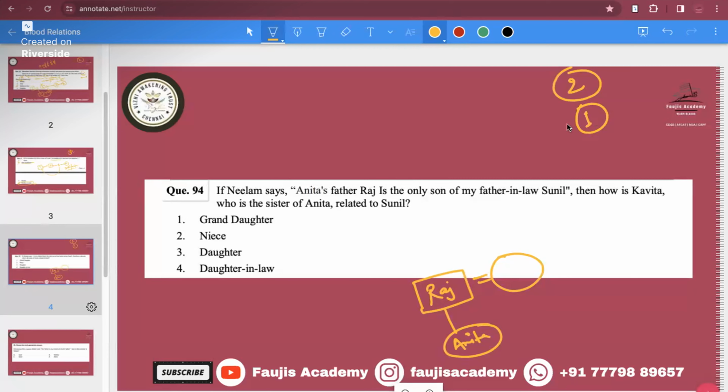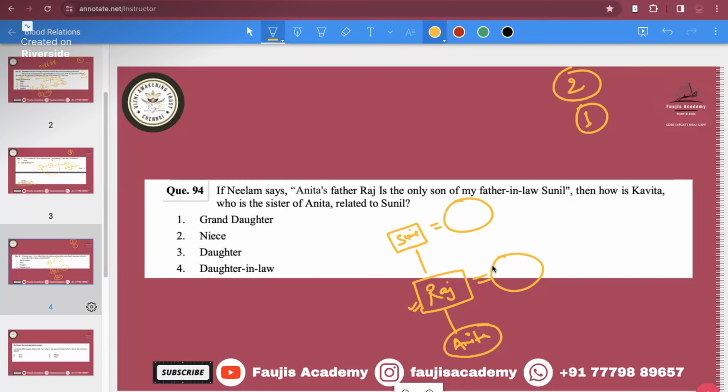If Neelam says Anita's father Raj is the only son of my father-in-law Sunil, this Sunil will also have a wife.